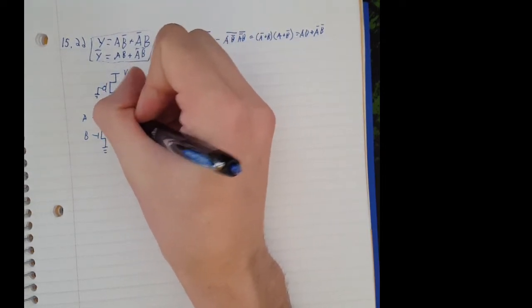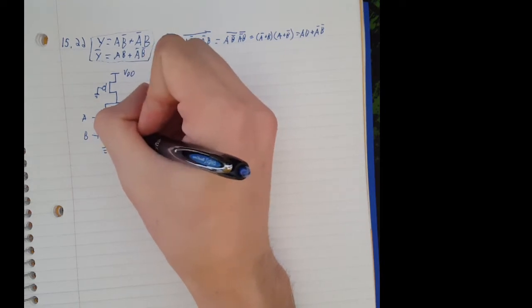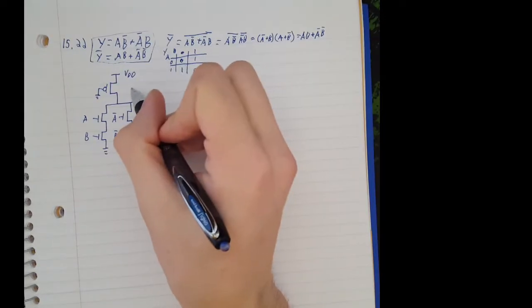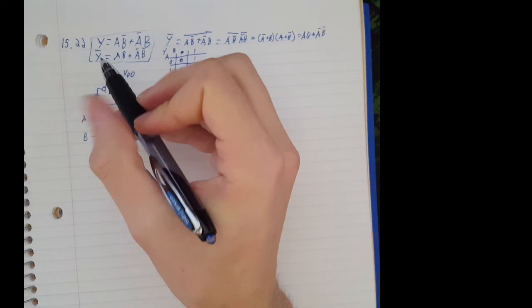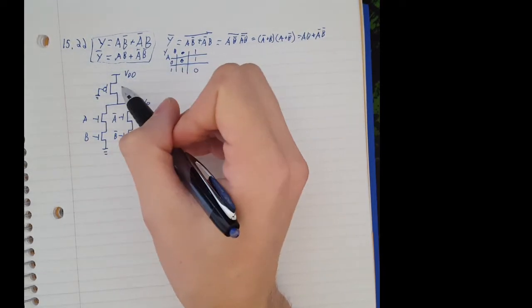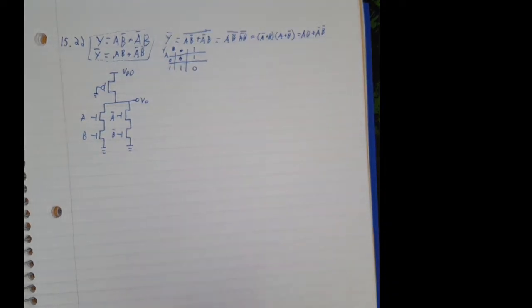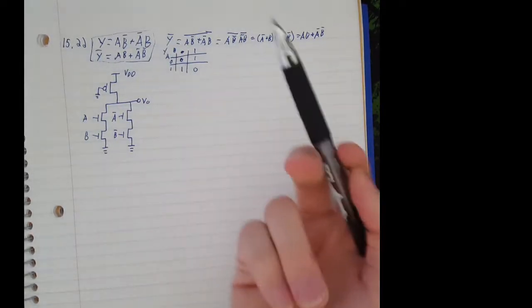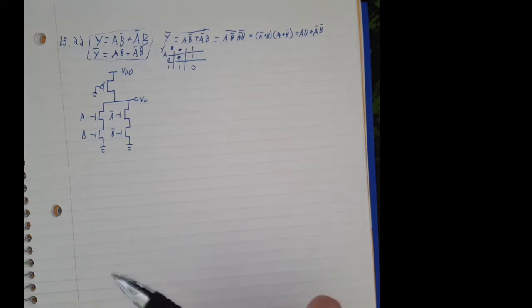And this is going to be A naught, and this is going to be B naught. And that's all there is to it. The part that makes this a pseudo NMOS is this PMOS right here that's just in bias. That's the only difference. It doesn't have a pull-up network, it just has a PMOS in bias.